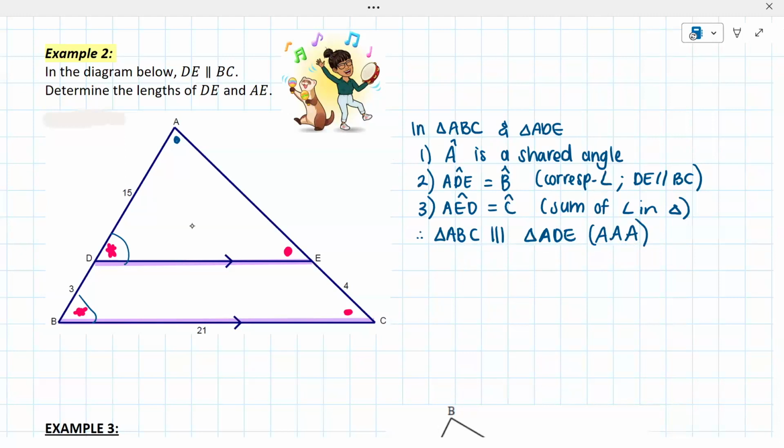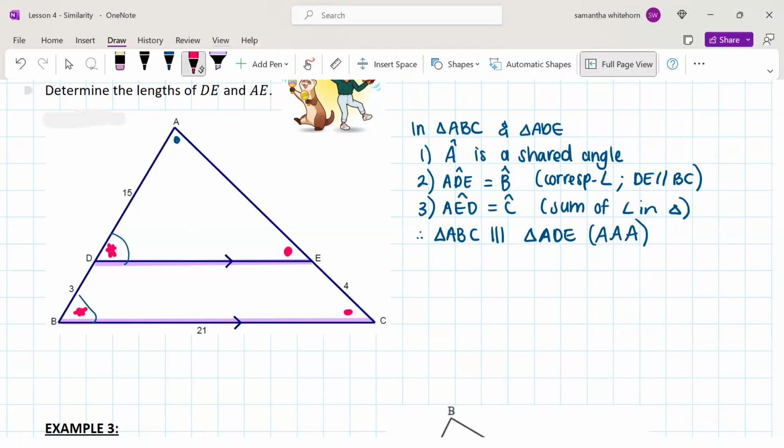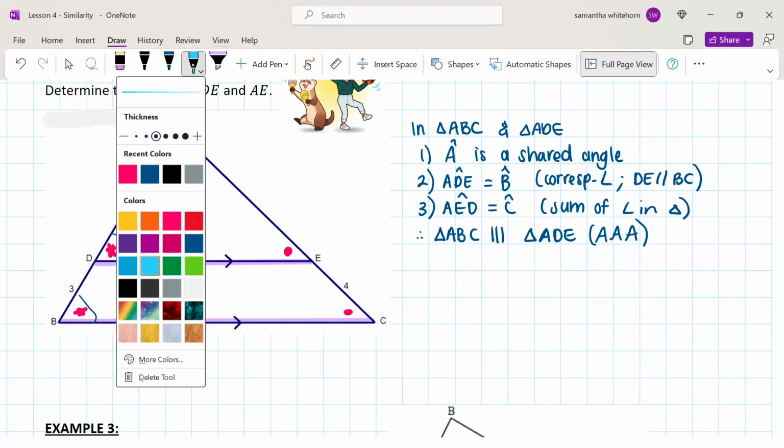So now that we've got similarity, what we have now proven is that these triangles are proportional in size. And so I'm now going to use that to work out my unknown lengths. So to do that, remember we set up our ratios. So the ratios are obviously those side lengths that correspond with each other.